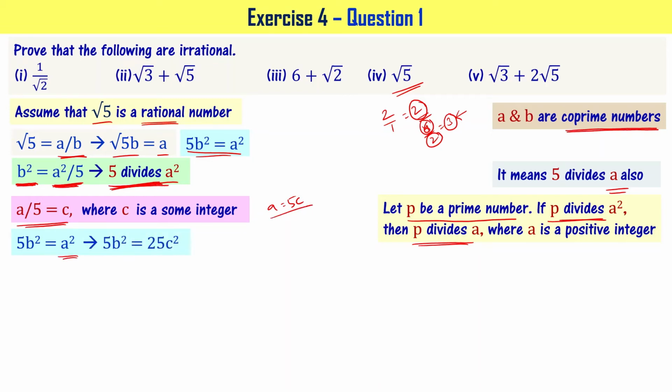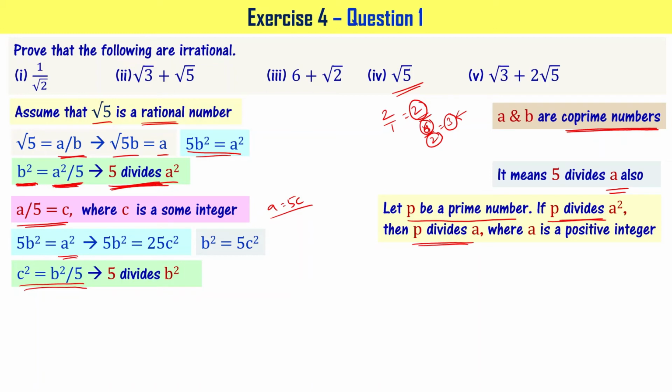When you do that, 5b square can be written as 25c square. You further simplify this such that you can write it as b square equal to 5c square, right? Let me rearrange this and write it as c square equal to b square by 5. Got it?